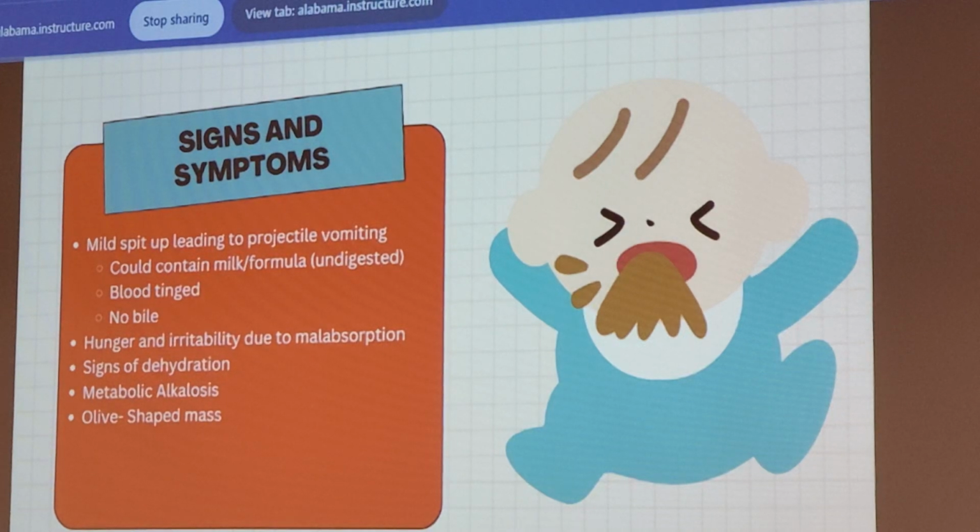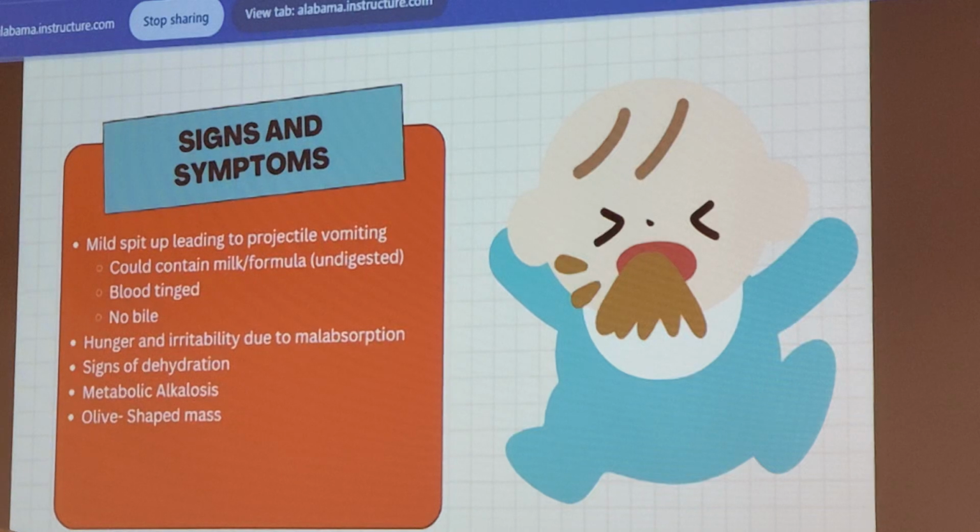What are we feeling? We're feeling those muscles constricting, that stricturing of the pyloric sphincter. It's really tightened up, almost rigid, if you will. So: projectile vomiting, olive-shaped mass.